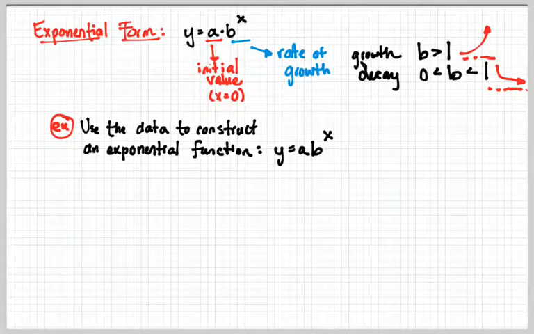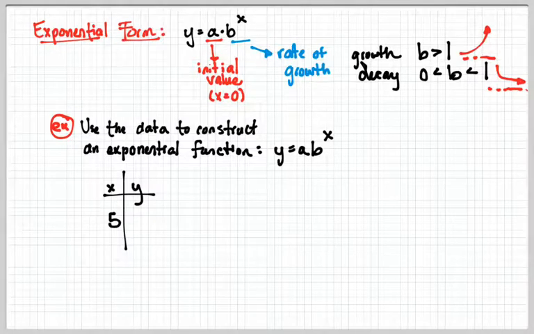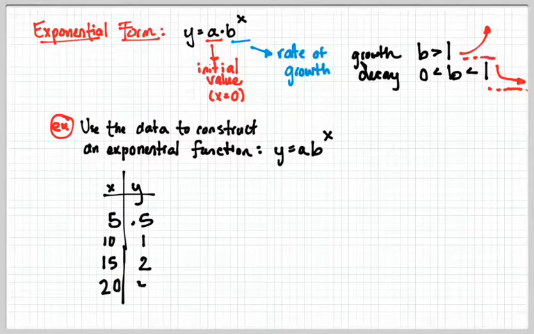Alright, so I'm going to use some data. We'll just make it easy. You call it x and y. 5, 0.5, 10, 1, 15, 2, 20, 4. Some of you guys might already start noticing the pattern just looking at the table, and so on and so forth.